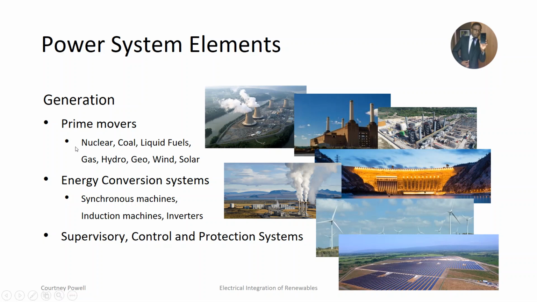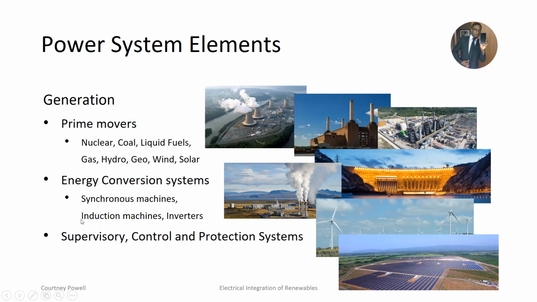In addition, in a generation plant, you will have what we call the energy conversion system, which in most plants is a synchronous machine. And when I say energy conversion system, I'm really referring to the system that converts the energy from the prime mover to electrical energy that can be transmitted and distributed across the grid.